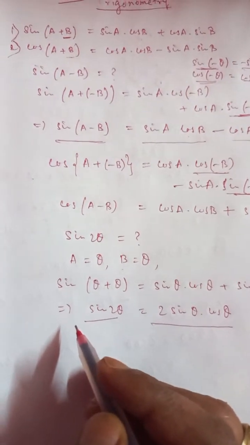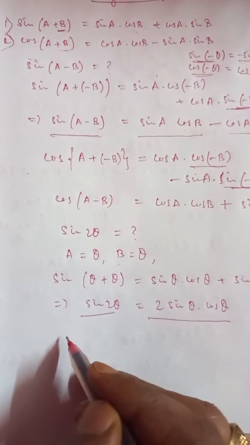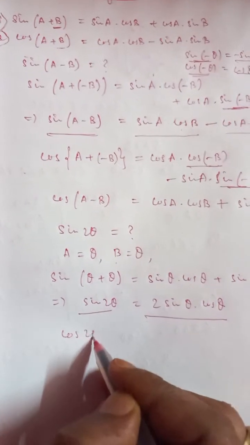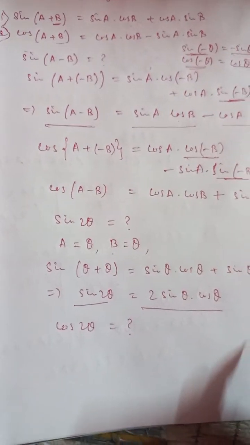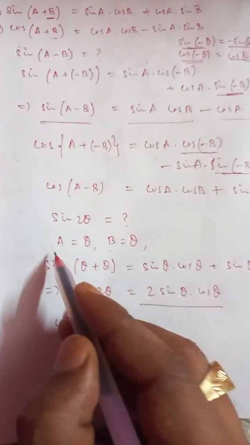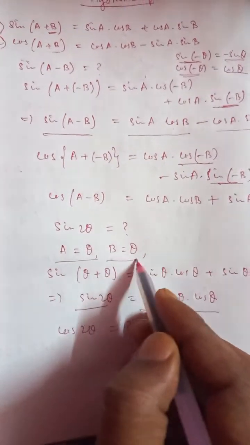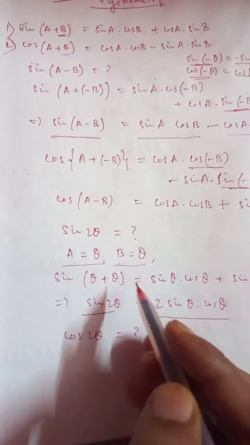Now if we wish to find out cos 2 theta, what will be the value of cos 2 theta? Again we will put A is equal to theta and B is equal to theta in formula 2.